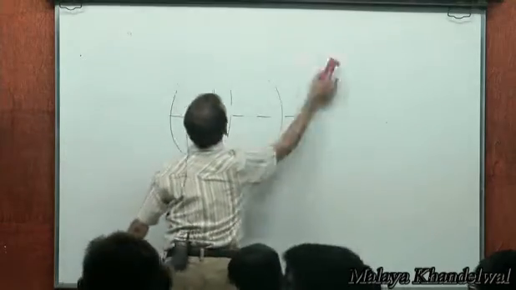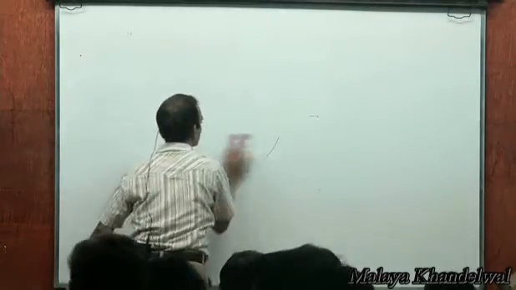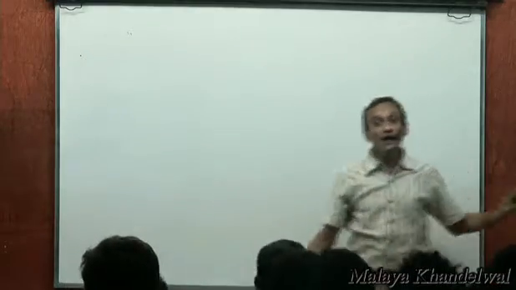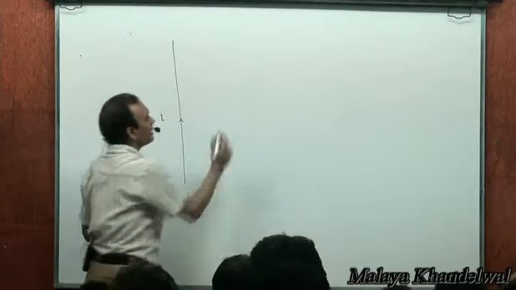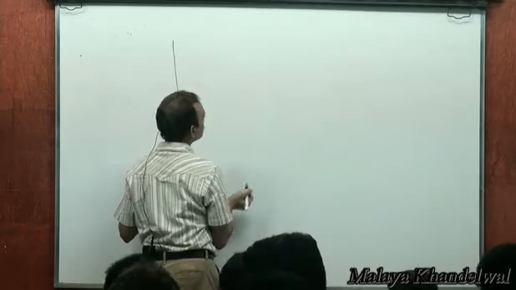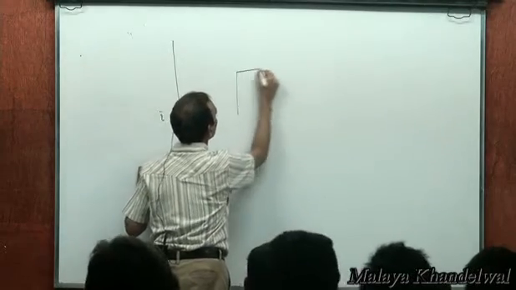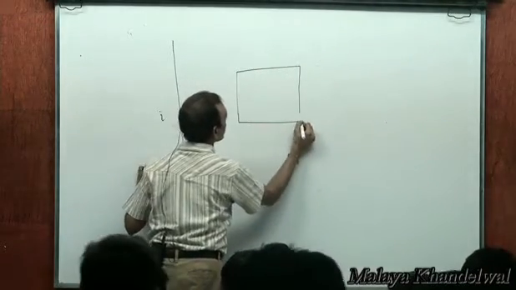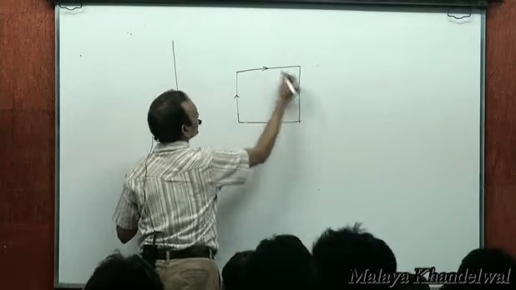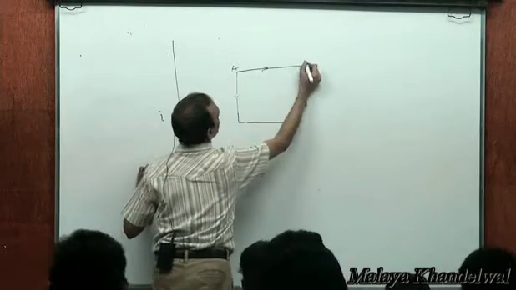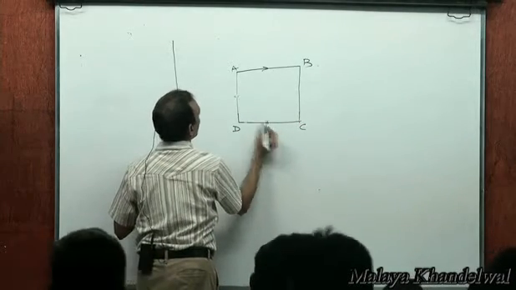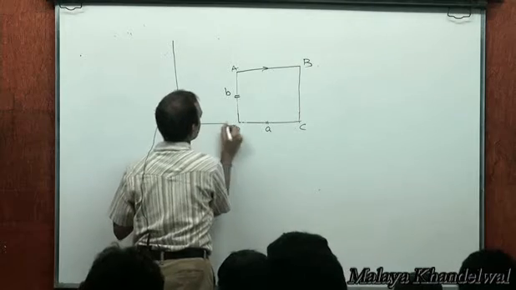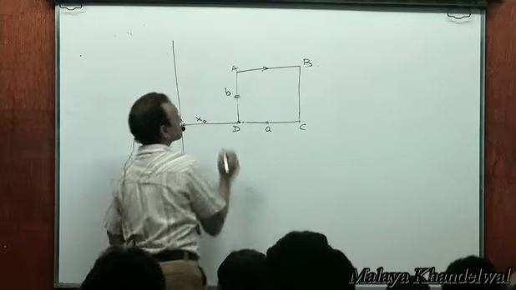For example, one could be a long current carrying wire, and one could be a square loop this way, ABCD, A units by B units, and say at a distance X naught units.